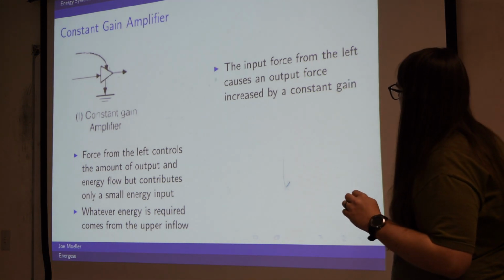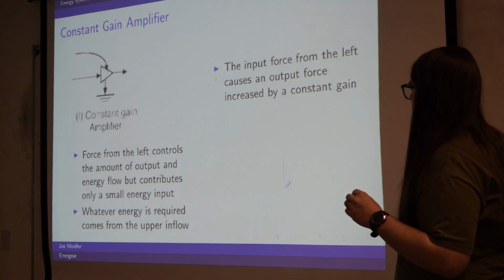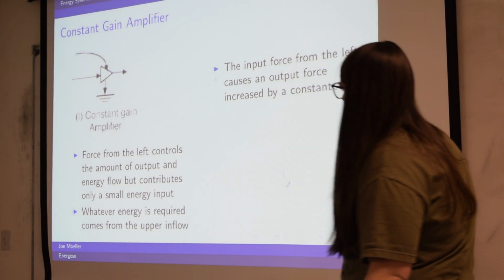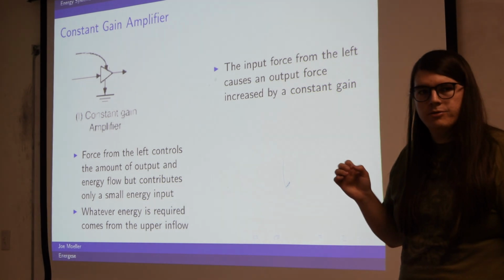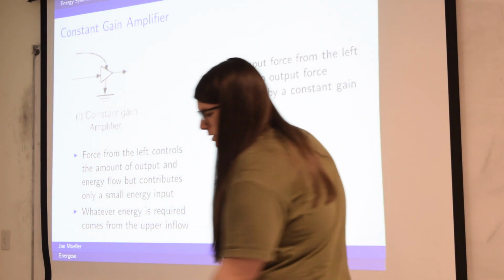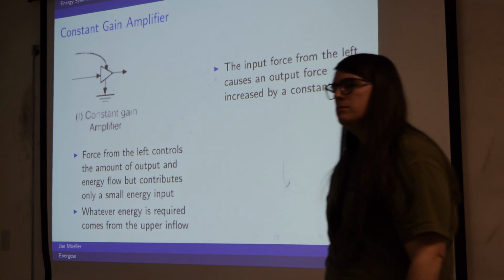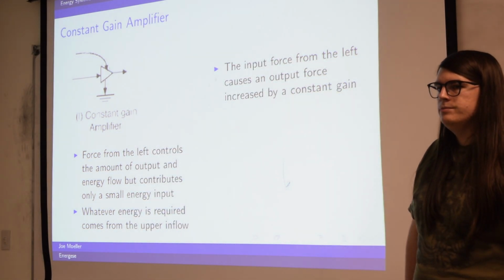And then the output is the amplified signal. But the top thing might be a very small amount of energy in its actual contribution. Yeah, so the gain means the factor by which you multiply the signal.